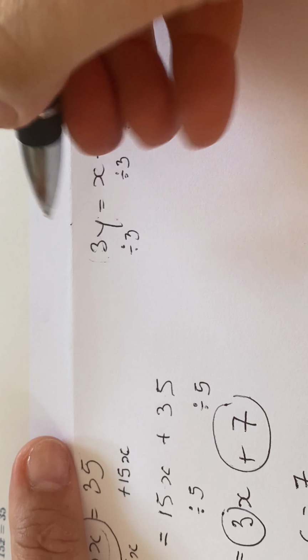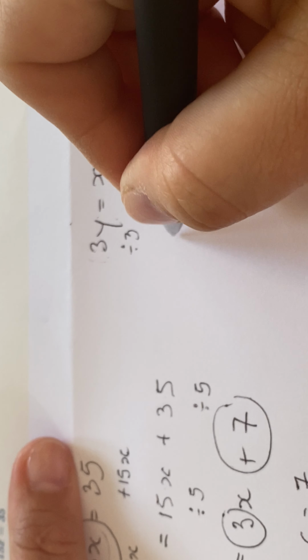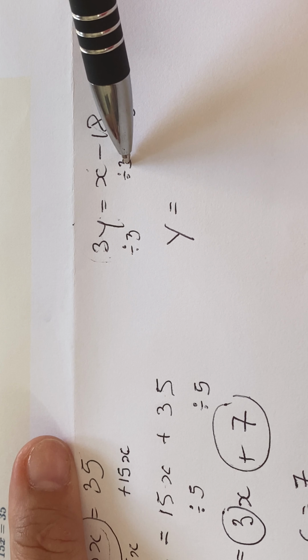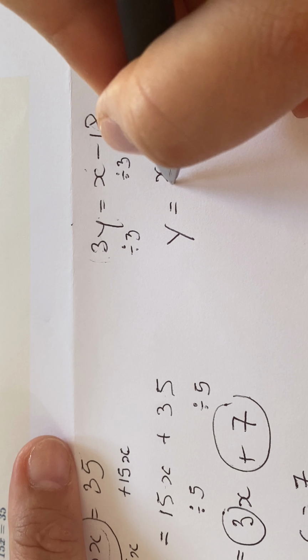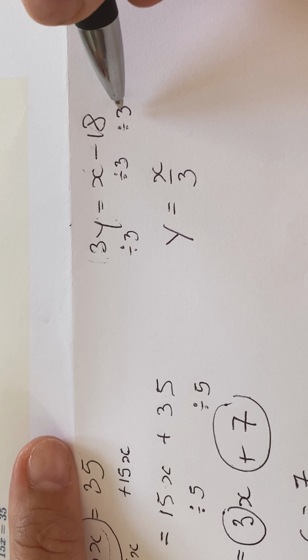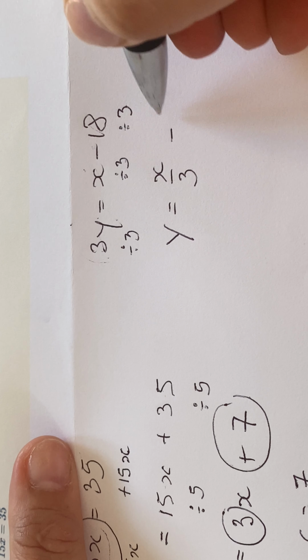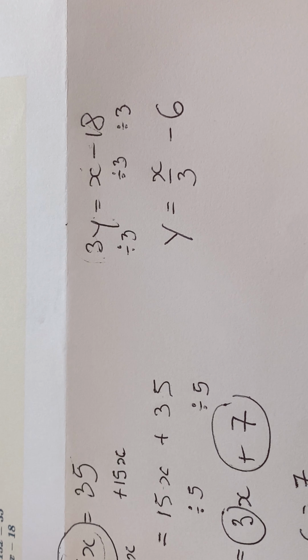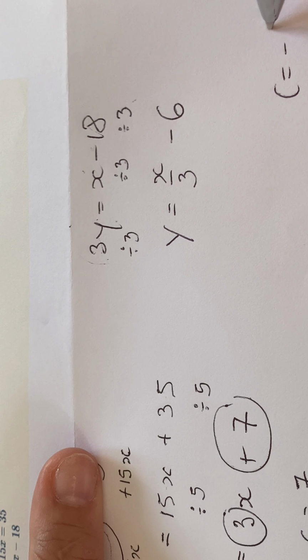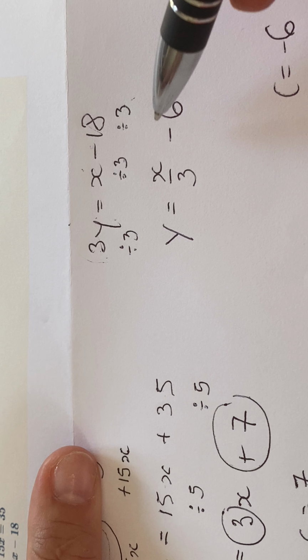Now, 3y divided by 3 is just y. X divided by 3, now I can write that as x over 3. And then minus 18 divided by 3 is minus 6. Now for this one, c is minus 6, so the y-intercept is minus 6.